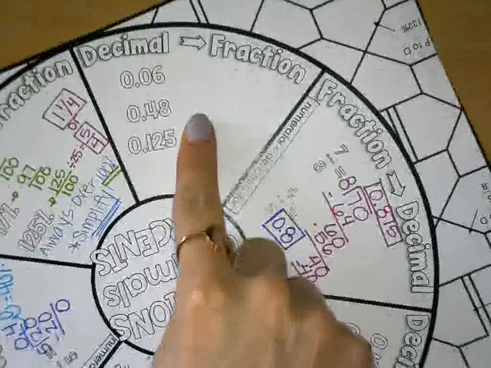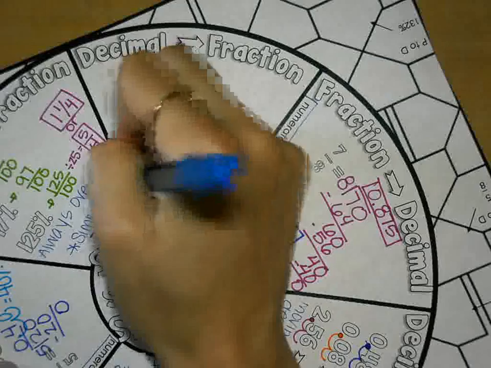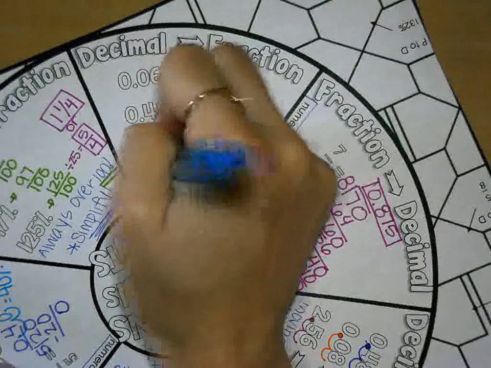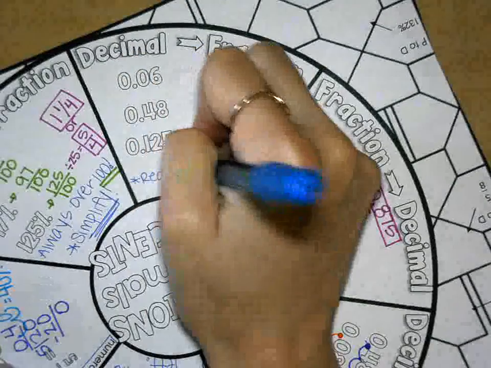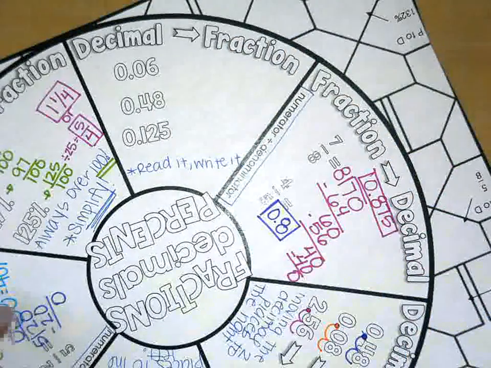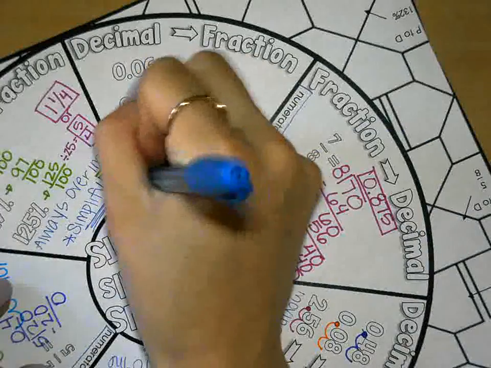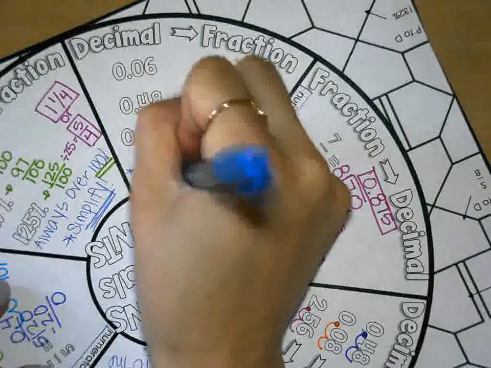The last one is decimal to fraction. And the way that I tell kiddos to do this one is I say, read it, write it. If you can read it, you can write it. And then obviously we have to simplify.